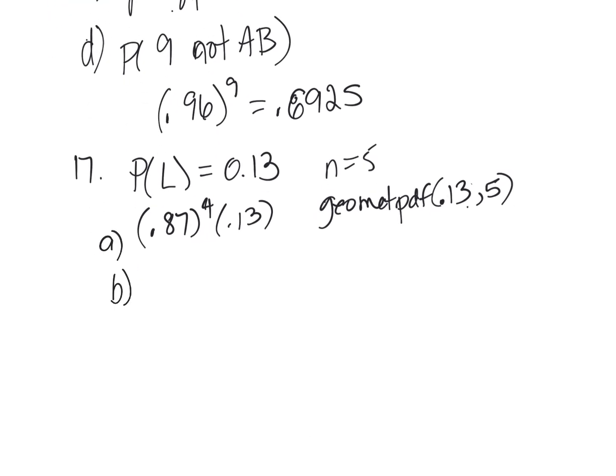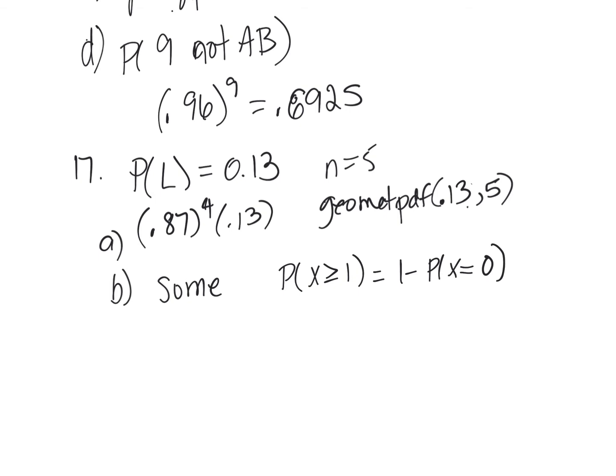And B, what's the probability that there are some lefties among the 5 people? How would we define some? 1 or more, right? So the probability that x is greater than or equal to 1 is 1 minus the probability that x equals none, right?